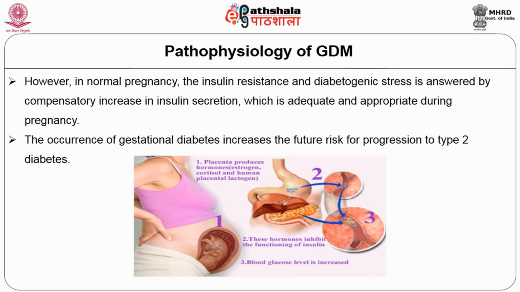However, in normal pregnancy, the insulin resistance and diabetogenic stress is answered by a compensatory increase in insulin secretion, which is adequate and appropriate during pregnancy. Only when this compensation is compromised does a clinical picture of gestational diabetes mellitus set in, which has a risk for progression to type 2 diabetes if proper corrective measures are not taken postpartum or post pregnancy.